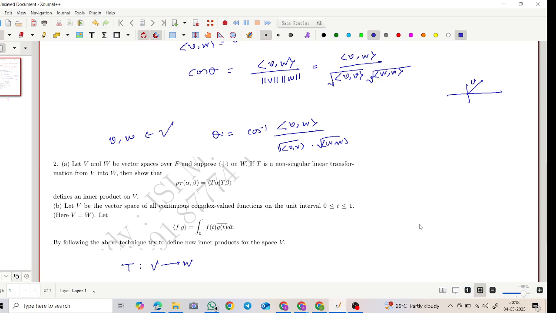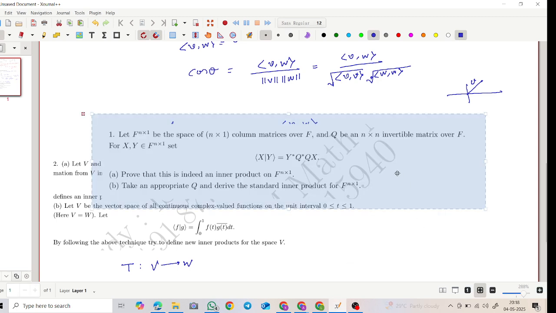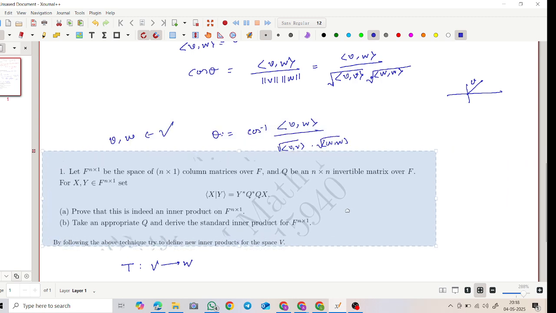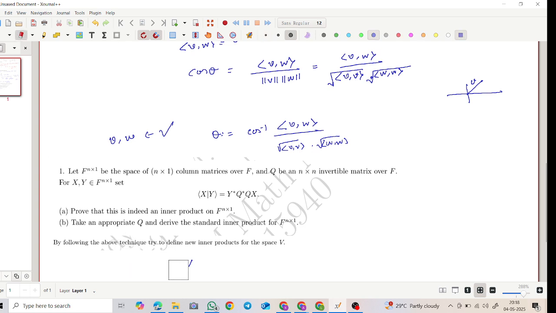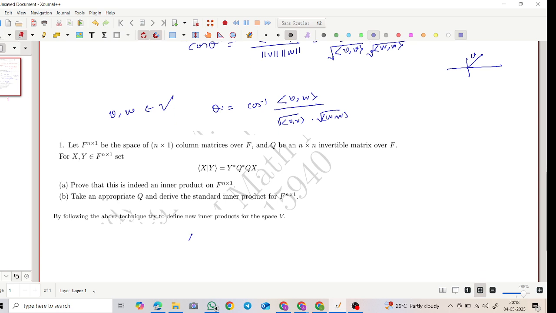The conclusion is that yes, we can. We just defined it. We can define an angle between any two non-zero vectors.